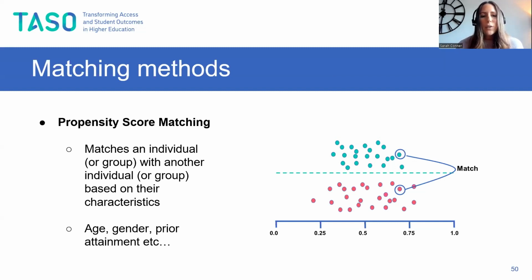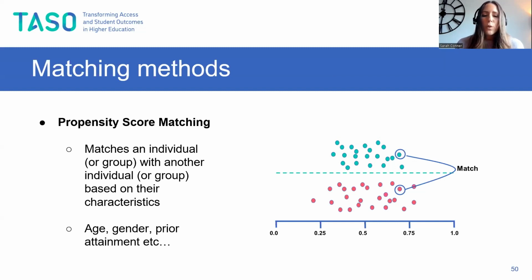Let's say those in the turquoise colour receive the intervention, and those in the pinky red colour are those that you want to match them with who didn't receive the intervention.